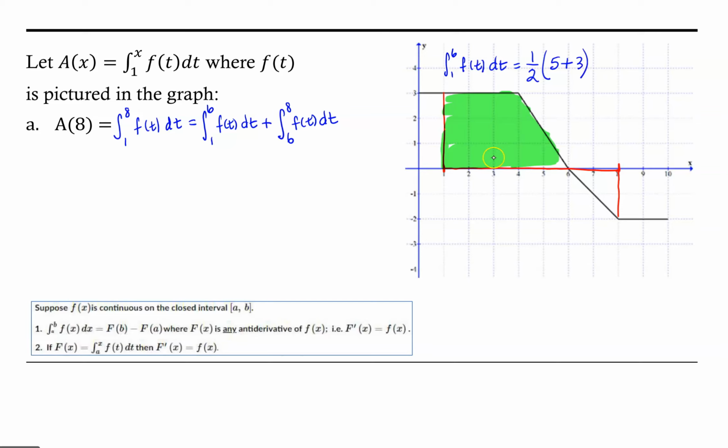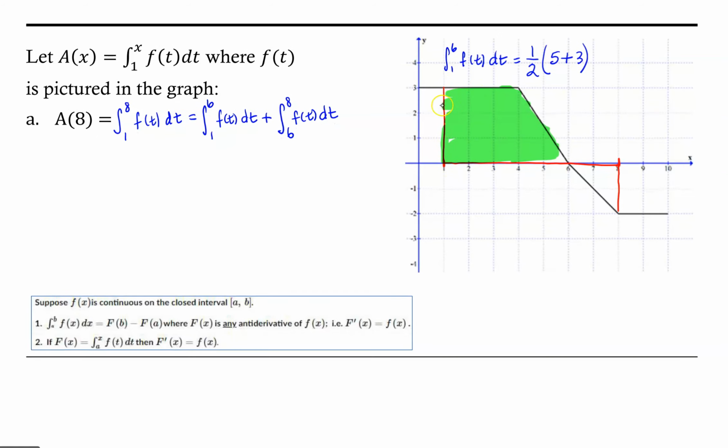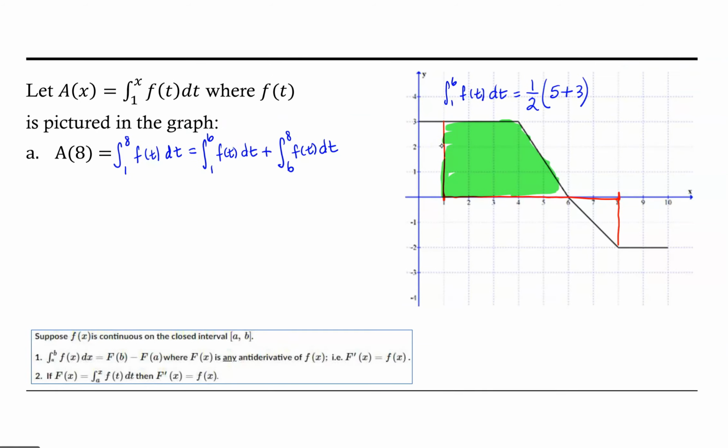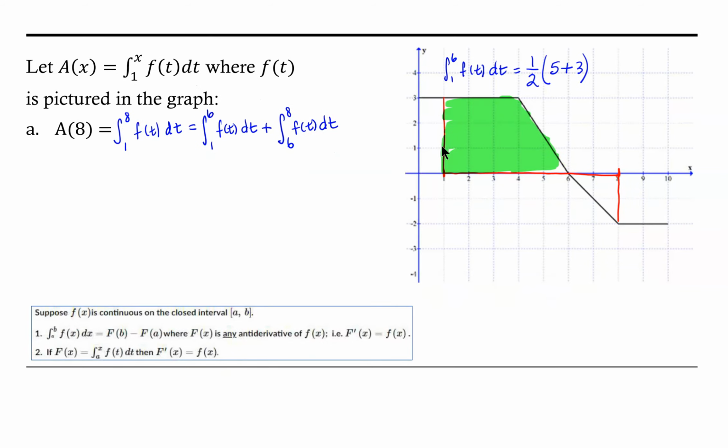So 1/2 of base 1 plus base 2 times the height. Now this trapezoid has a height of 3, so we will multiply by 3. Now, 5 plus 3 is 8, and so we end up here with 24 halves, or more simply 12.